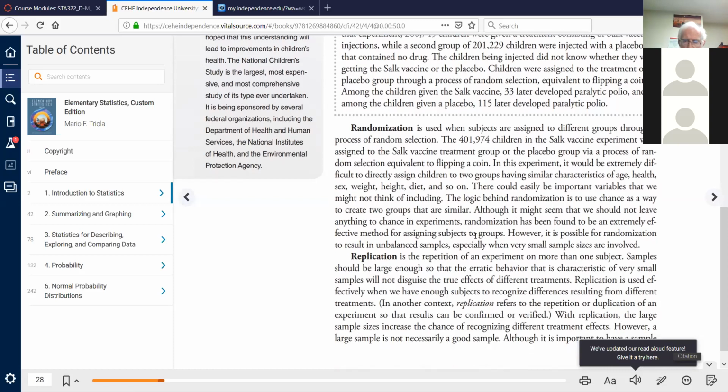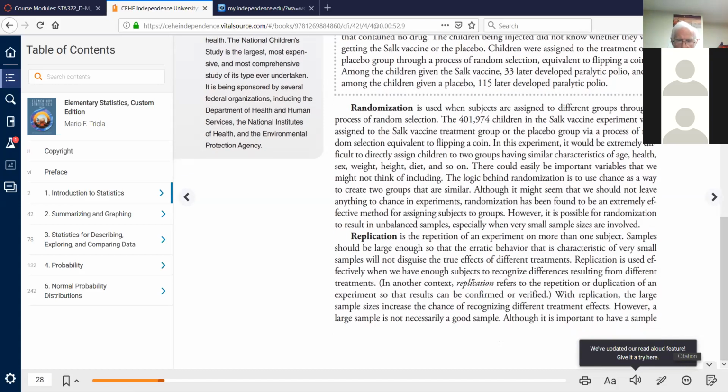So this was a huge study in the 1950s, and it was difficult to do because, of course, all we did was assign children to two groups, looking to have the two groups have similar distribution of age, etc. But it was something to try and make sure that the groups were matched, and this is difficult to do in people because, of course, people are so different, and we now know that lifestyle and diet and other things have a tremendous effect on the propensity for disease.